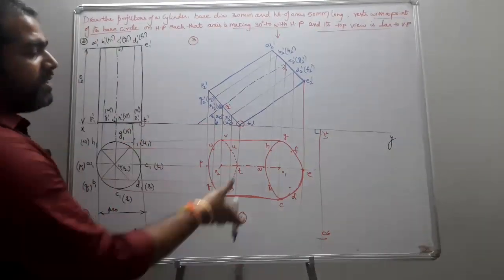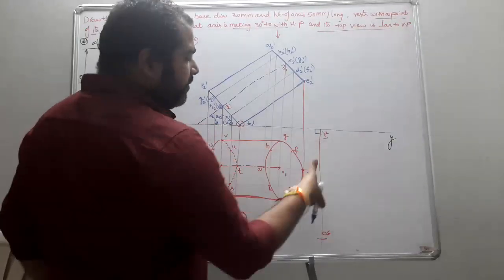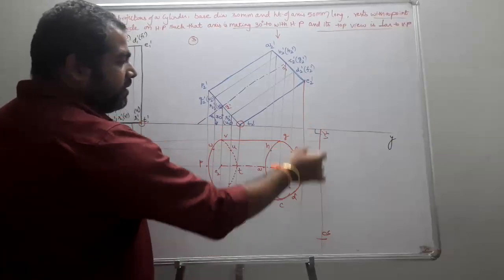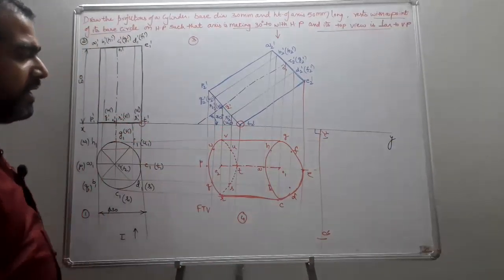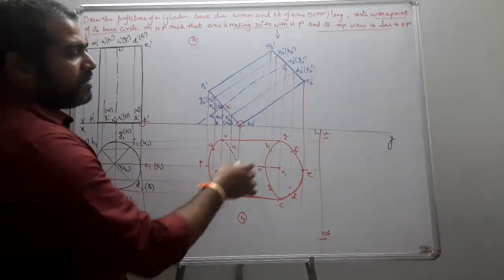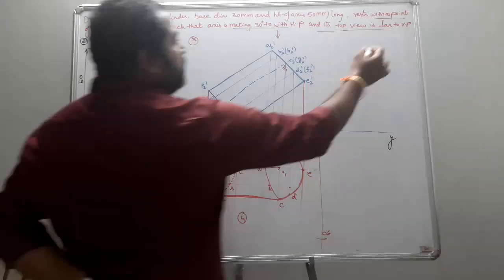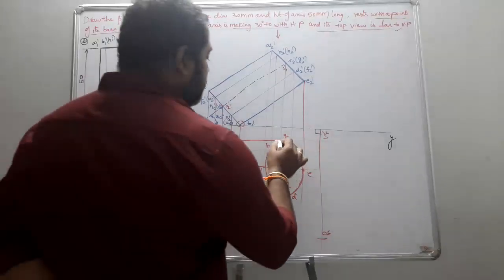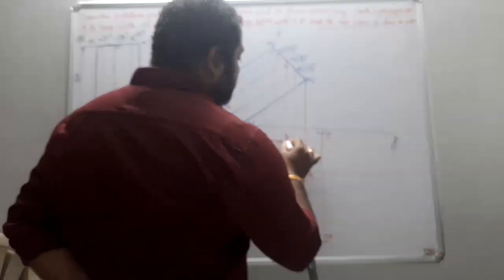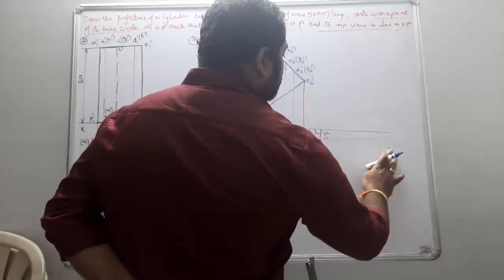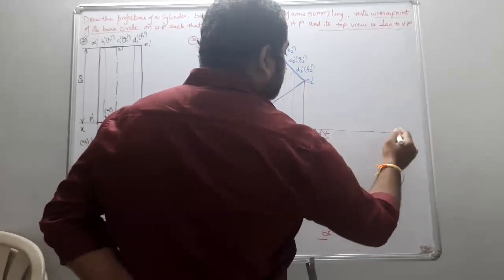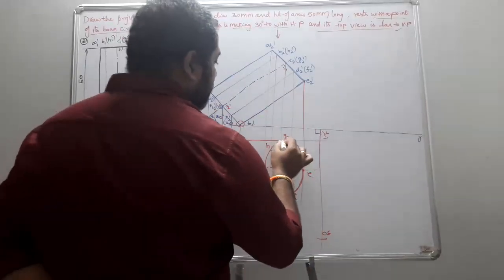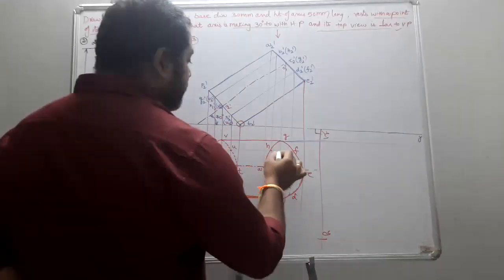Apart from tilting for 90 degrees and reconstructing, I just draw a new reference line x1, y1 which is perpendicular to xy. Now this becomes perpendicular to VP. Now I just draw the perpendiculars from all the points to the new reference line.